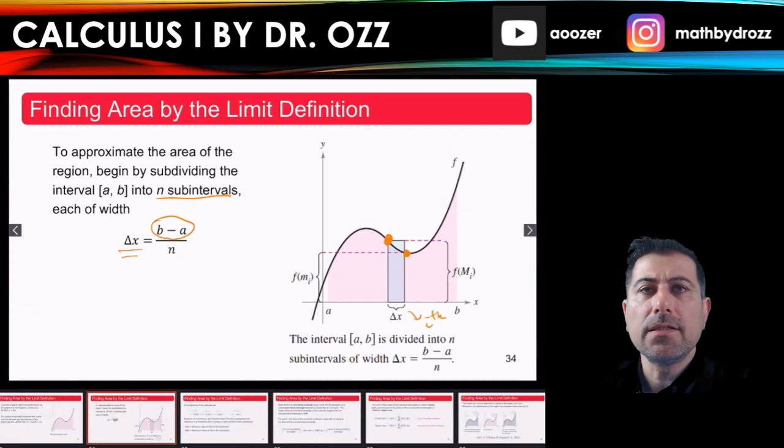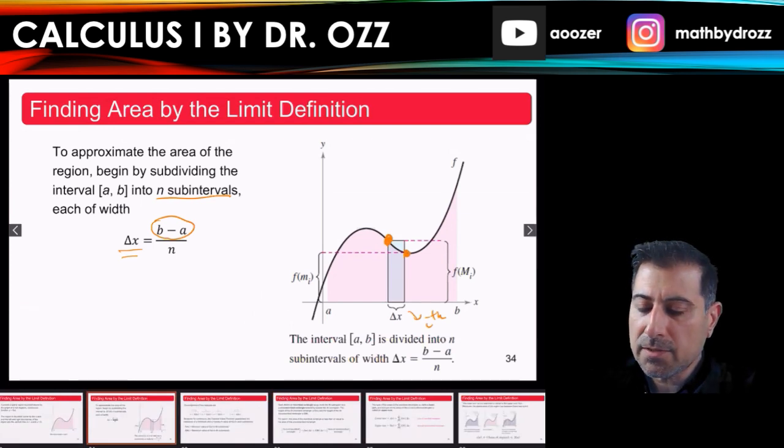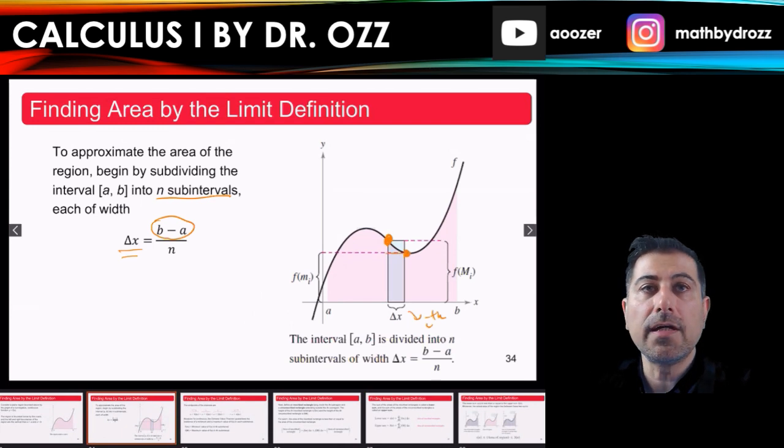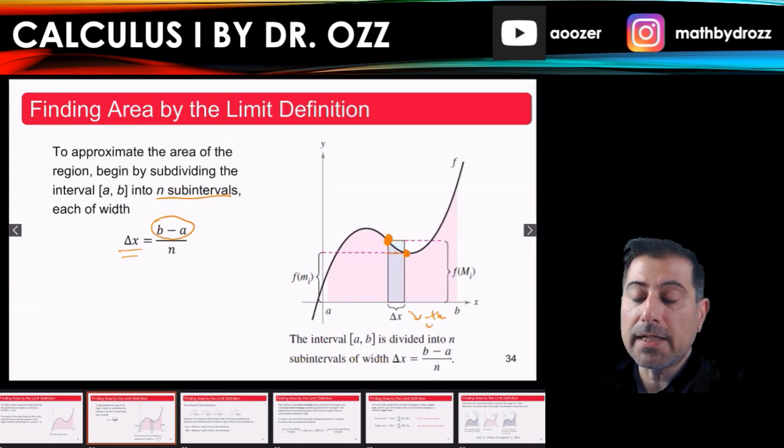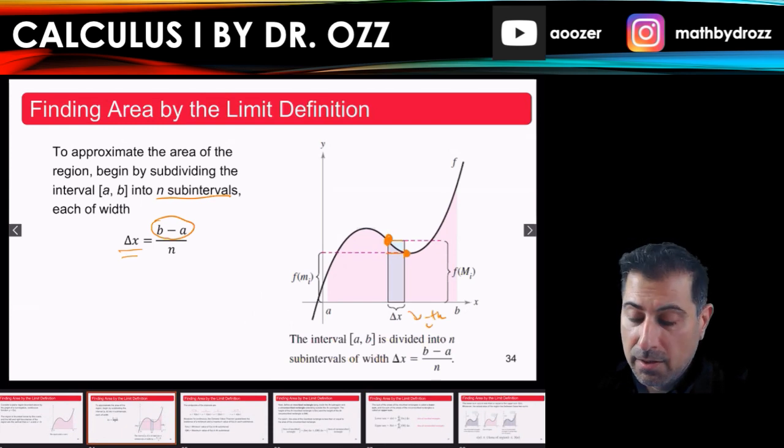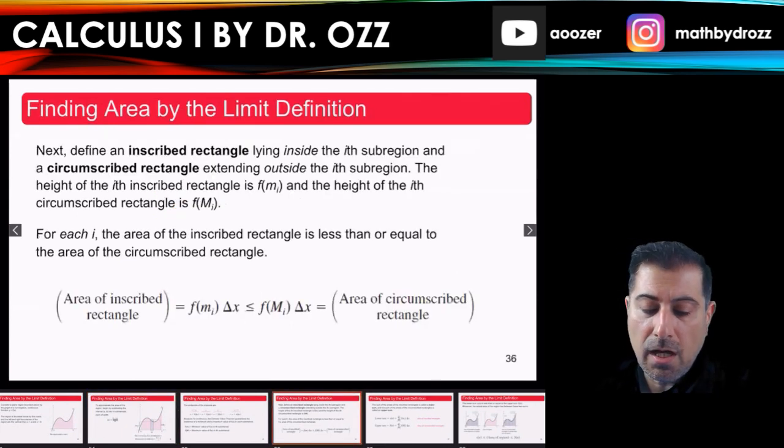In fact, the inscribed rectangle comes with the height f of little m sub i, and the circumscribed rectangle comes with the height f of capital M sub i. So we're going to use this logic to approximate the actual area.